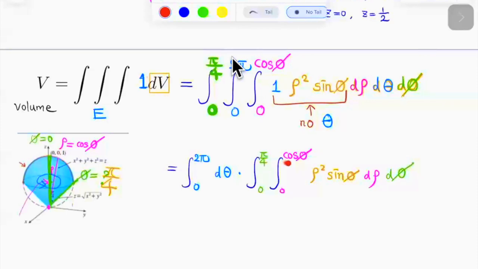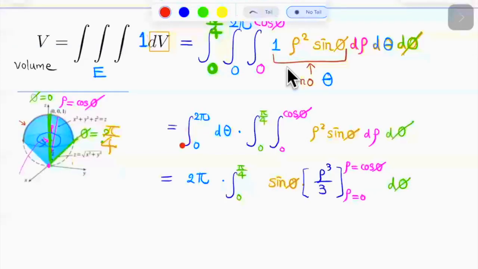Notice that the upper limit here for rho is not a constant, it is a function of phi. We cannot break this as the product of two single integrals. The integral of 1 when theta goes from 0 to 2 pi is equal to 2 pi.